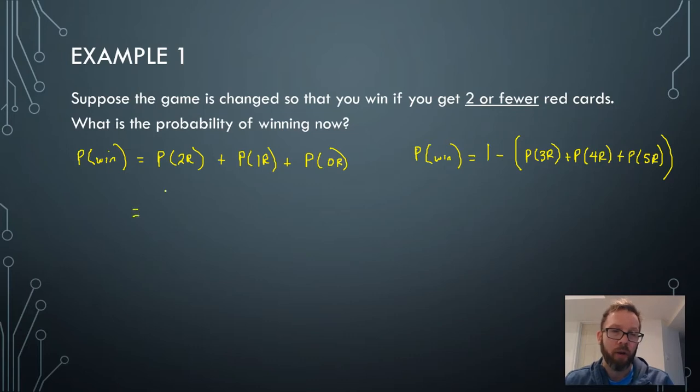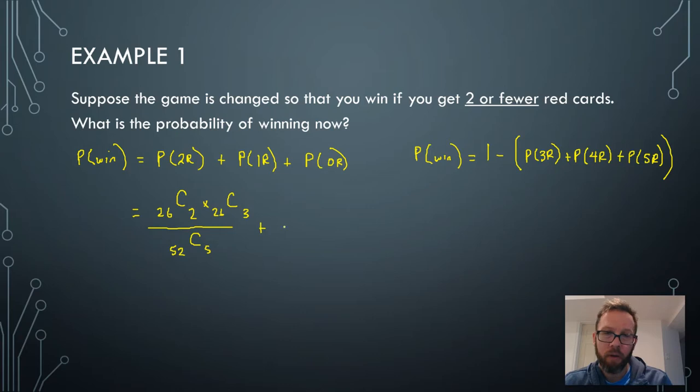So we've actually already done 2 red cards, right? We had 26 red cards, choosing 2, 26 black cards, choosing 3, all over 52 choose 5. Why don't you guys take a moment, if you want to pause the video, and try setting up the calculation for 1 red card and 0 red cards. And then you can unpause when you're ready.